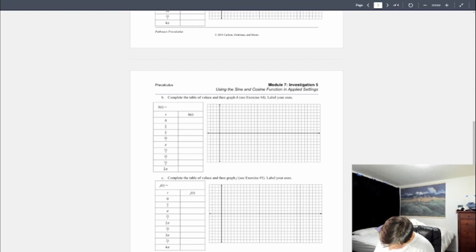Negative 0.575, negative 1.15, negative 1.